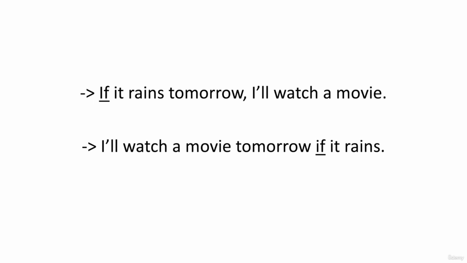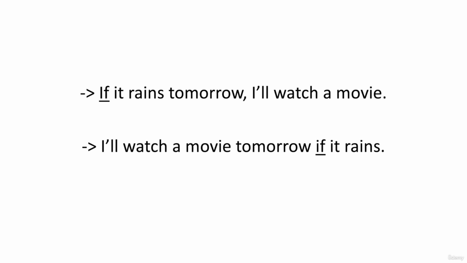Remember, the order of the clauses is interchangeable. This means that it does not matter in which order they are. The only difference is the use of punctuation. If the if clause or subordinating clause is at the beginning of the sentence, use a comma after it.